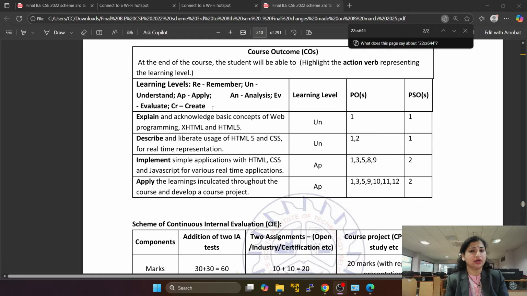We have four course outcomes over here. You have understanding levels and applications. For applications we have the apply level, because we will be developing and writing code.